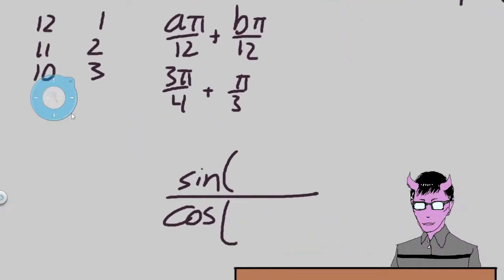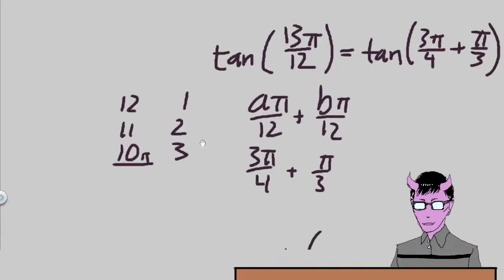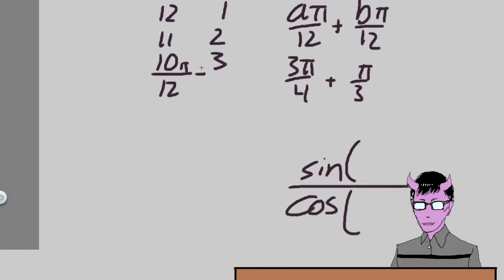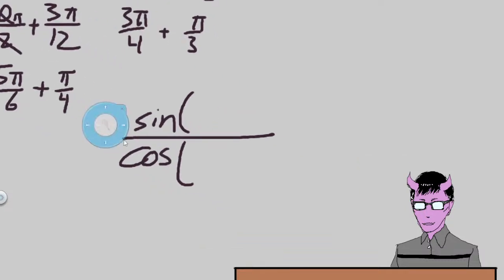So we're going to do 10 pi over 12 plus 3 pi over 12. Yeah. So this one simplifies into 5 pi over 6. This one simplifies into pi over 4. So let's do that. So 5 pi over 6 plus pi over 4. So we're just trying to use different roots. Slightly different roots.